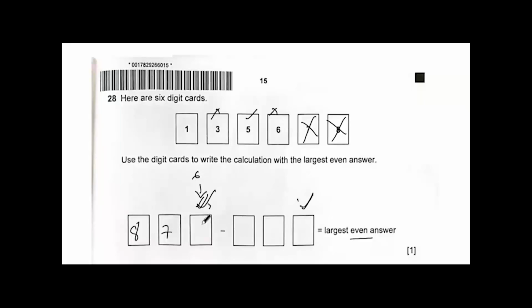I'll put 5 here to make this one bigger. Then to have an even number here, I only have one option, which is 1. So 5 is gone, and 1 is also gone. So I have 3 and 6 left.